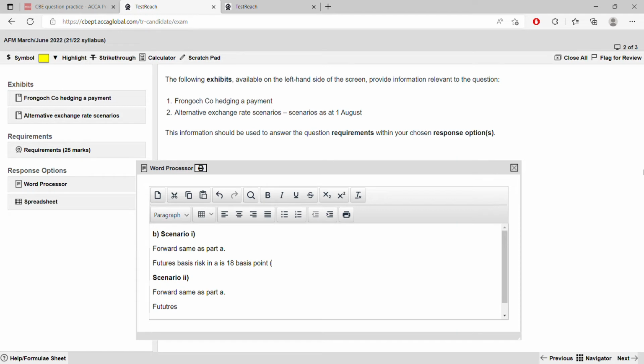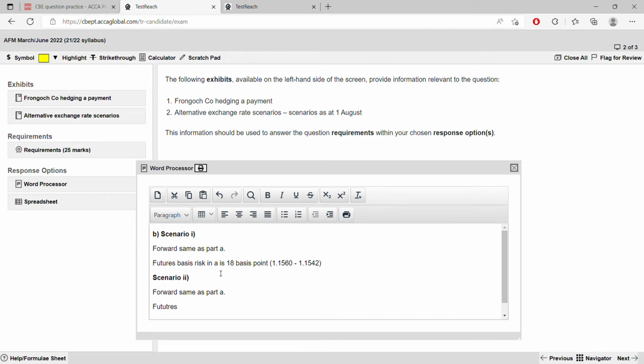How? The opening future minus closing future. Opening was 1.1560 minus closing, that is 1.1542. See, once you have the closing future price, you don't have to take it with the spot, okay?